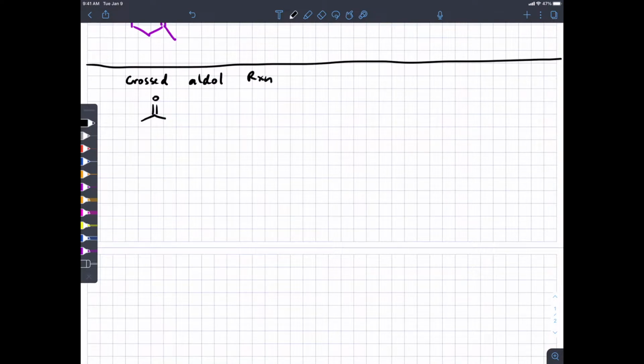Let's suppose I want to use this aldehyde and this ketone, and I want them to react together. Let's say my desired product is the one where the ketone acts as the nucleophile and the aldehyde acts as an electrophile.